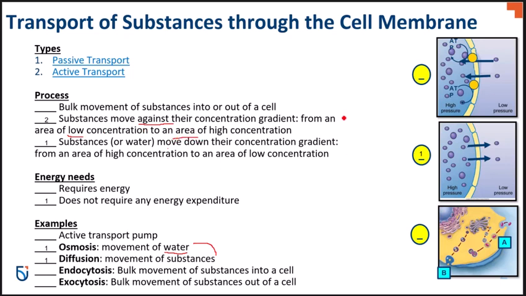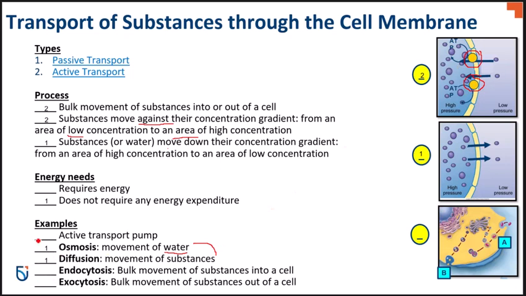And we can see that in this image here, where substances are in higher concentration inside the cell and lower outside the cell, but the movement is in the opposite direction than what we saw with passive transport, moving into the cell. And because it's moving against its concentration gradient, this requires energy and the existence of pumps.